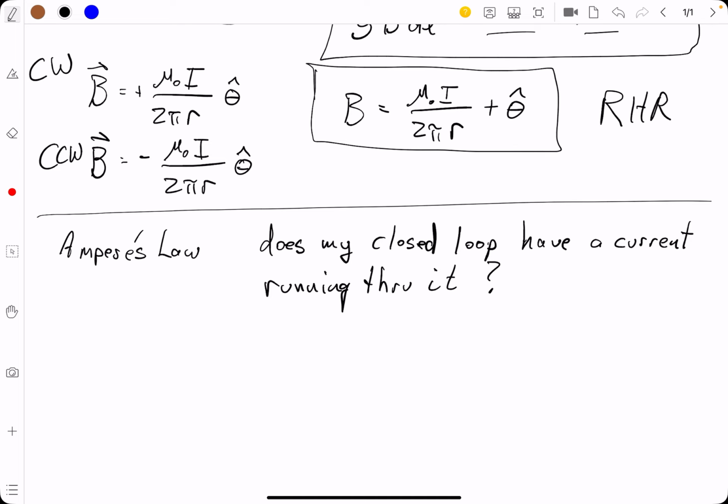If your closed loop has a current running through it, then you're going to have a B field coming from your closed loop. So let's do an example.